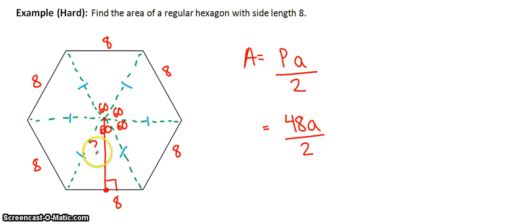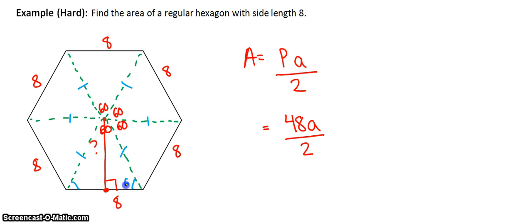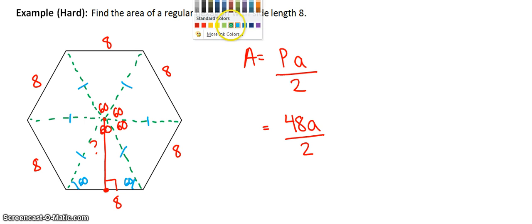Now, if these are the same, that makes this an isosceles triangle. And if this is an isosceles triangle, then these angles have to be the same. But I also know that one of these angles is 60. So if these angles are the same, and this is 60, well, there are 180 degrees in a whole triangle. I've already used 60. That means there's 120 left for these two base angles. Divide that by 2, each one of those would also have to be 60. So this is an equilateral triangle, and I can use that fact to find the apothem.